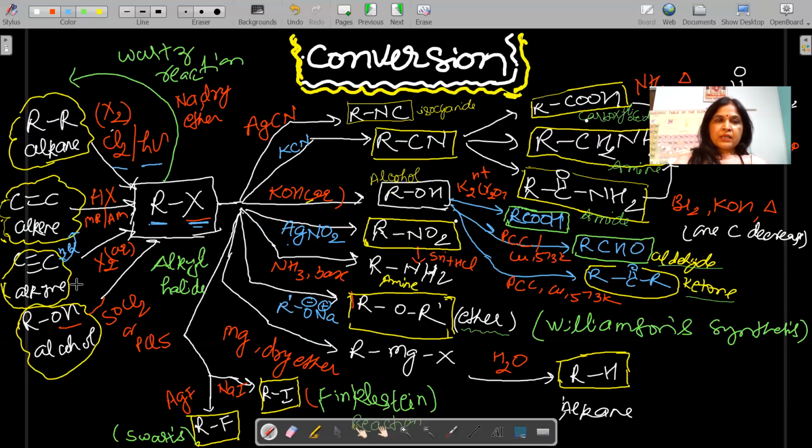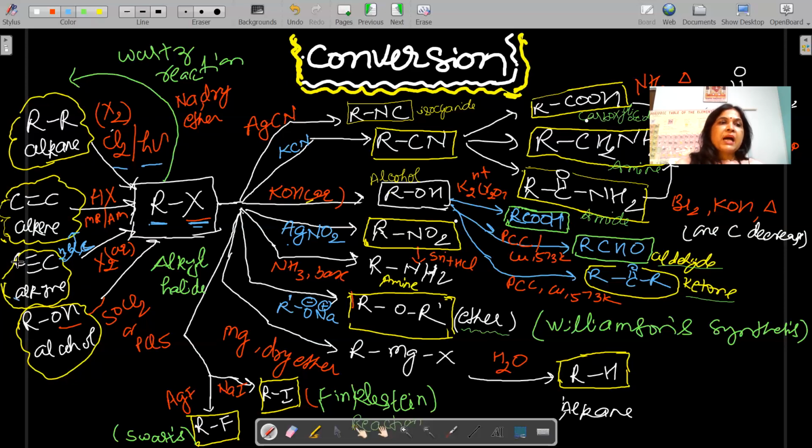So from alkyne to alkyl halide, first the alkyne is converted into alkene, or you can convert it into alkane by adding hydrogen and palladium catalyst. For alkyne to alkene, you have to add hydrogen with palladium on charcoal.